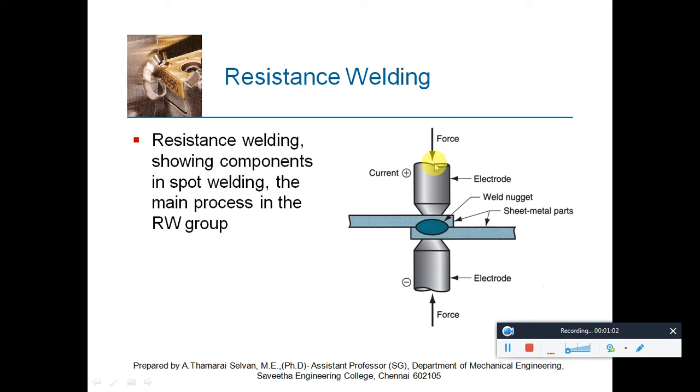We have to give some pressure on both electrodes so that these two metal pieces join. The current passing through the electrodes gets resisted, and because of that a weld nugget is produced at the joining surfaces of these two plates, and thus it will melt and join together.